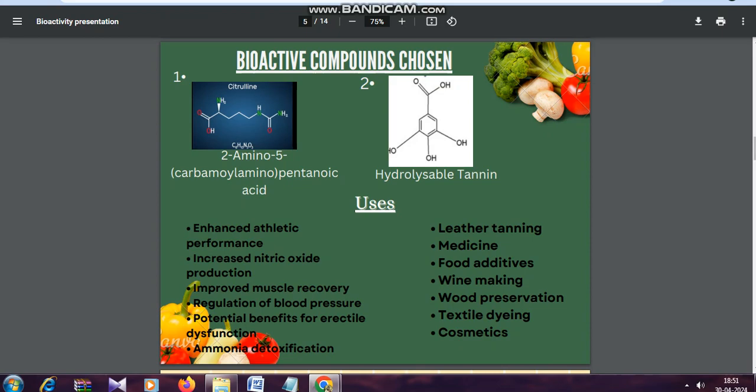So the uses of L-citrulline are enhanced athletic performance, increased nitric oxide production, improved muscle recovery, regulation of blood pressure, potential benefits for erectile dysfunction, and ammonia detoxification. The uses of tannins are leather tanning, medicine, food additives, wine making, wood preservation, textile dyeing, and cosmetics.